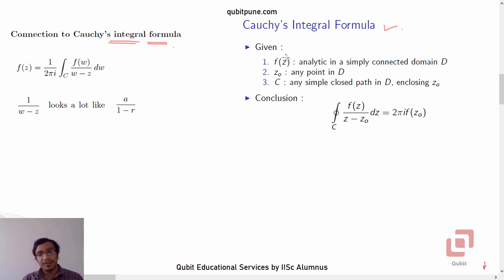First is a function f of z, which is analytic in a simply connected domain D belonging to the complex plane. We are also given z naught, any complex number in the domain D. And the third thing is any simple closed path in D which encloses z naught.